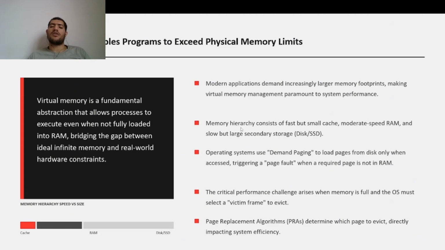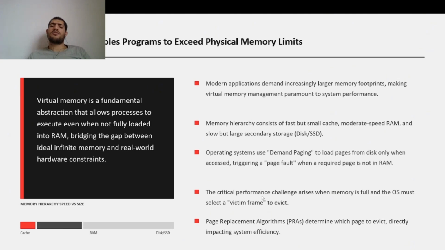The memory hierarchy consists of fast but small cache, moderate speed RAM, and slow but large secondary storage like disk, SSD, and HDD. Operating systems use demand paging to load pages from disk only when they are accessed, triggering a page fault when the required page is not in the RAM.